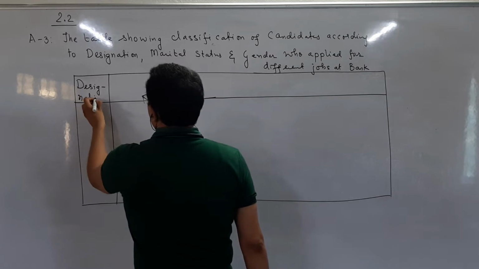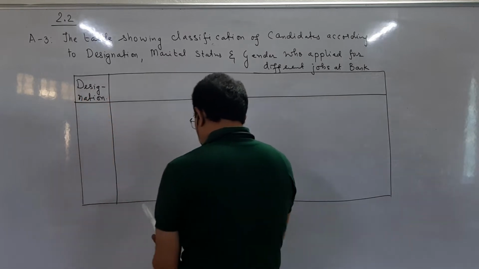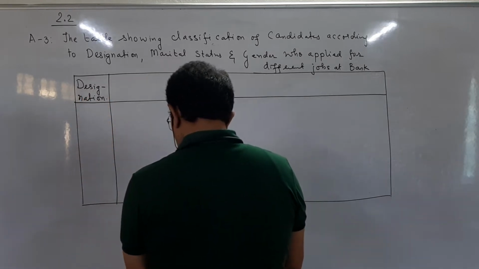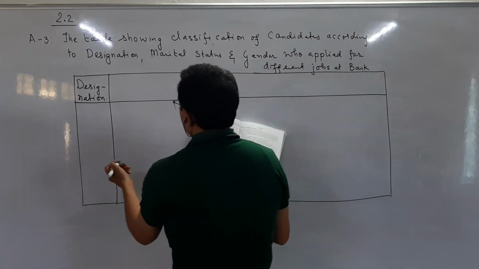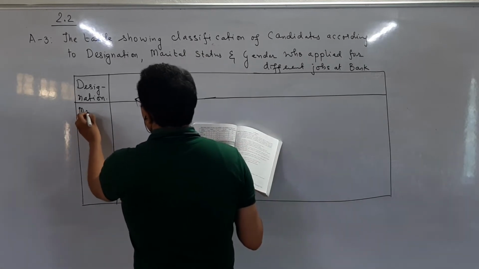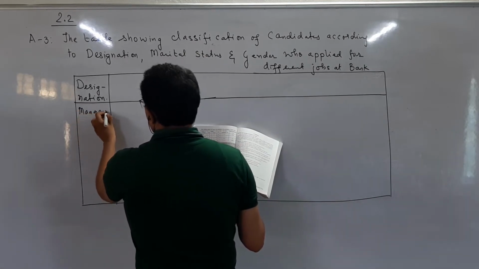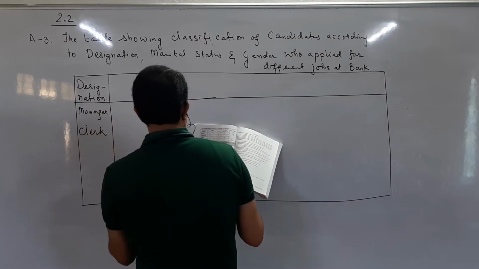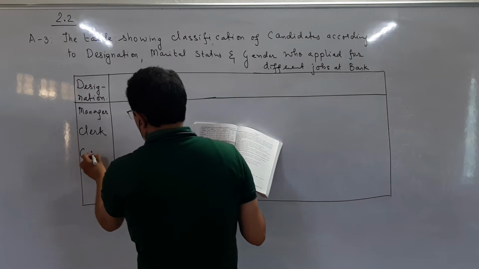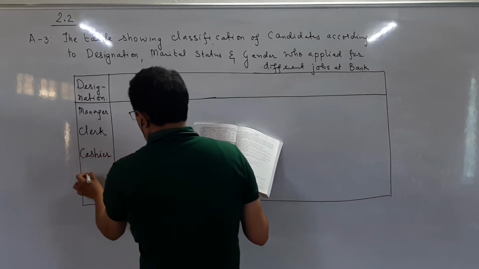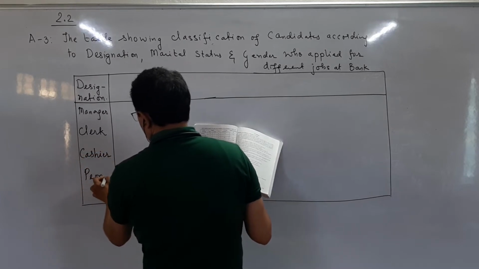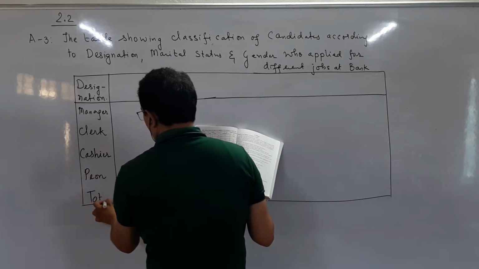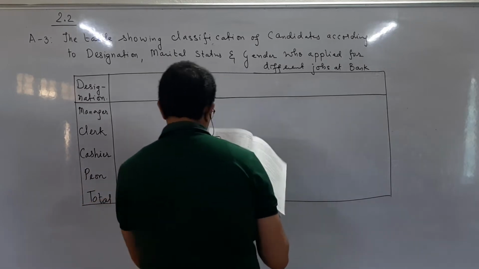And which are the 4 designations? Managers, then clerk, then cashier, then PU. And of course, last we will have the column-wise total.